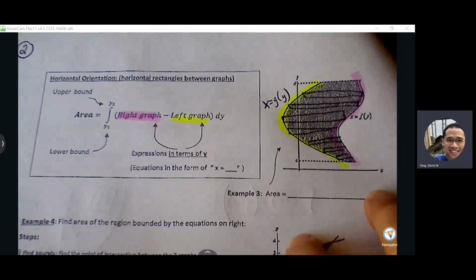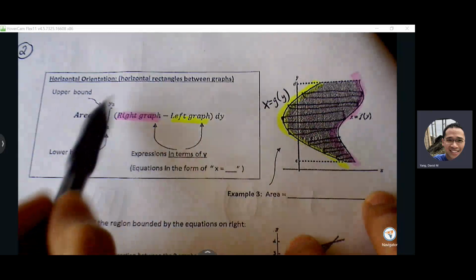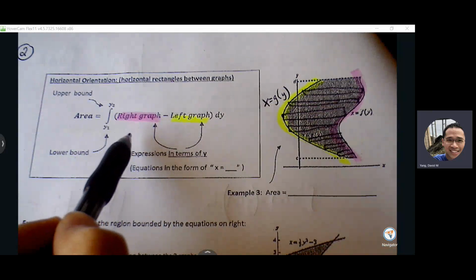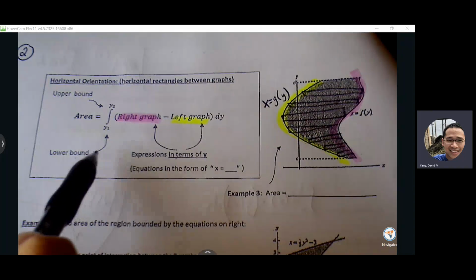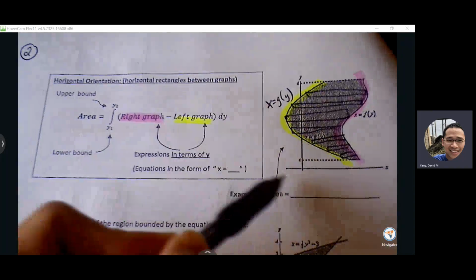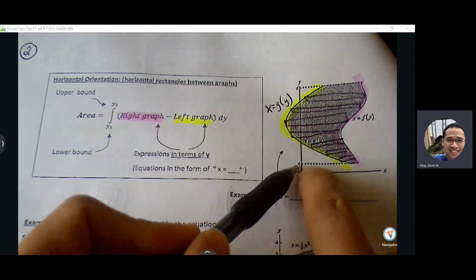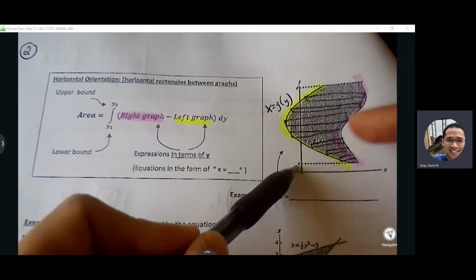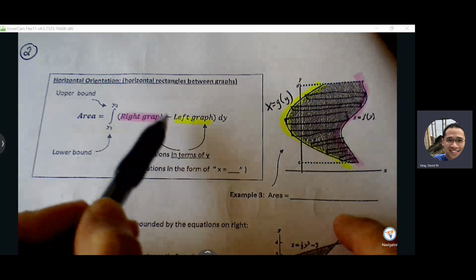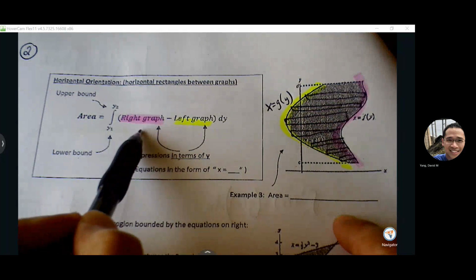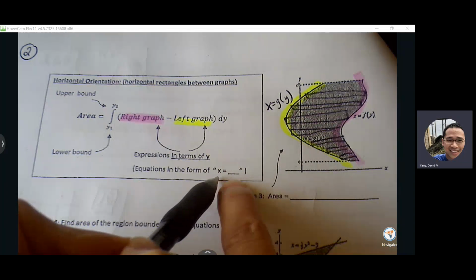Now, if we see right minus left, everything that we put into our equations has to be in terms of y. Our bounds have to be in terms of y. So we're looking at the lowest y value to the highest y value because we're stacking these rectangles. And then our graph is also in terms of y, which means that your equations will look like x equals.